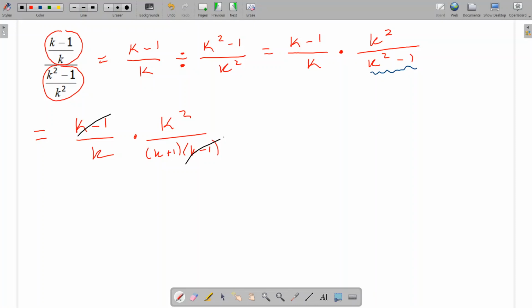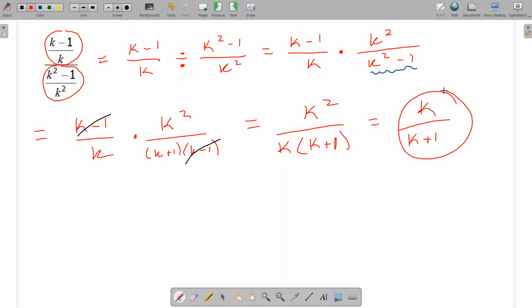I can also reduce this k squared over k. I'll do that in the next step though. So we have k squared over k times k plus 1. And then my k squared over k really reduces to just k. And all that's left in the denominator here is the k plus 1. So there we go.